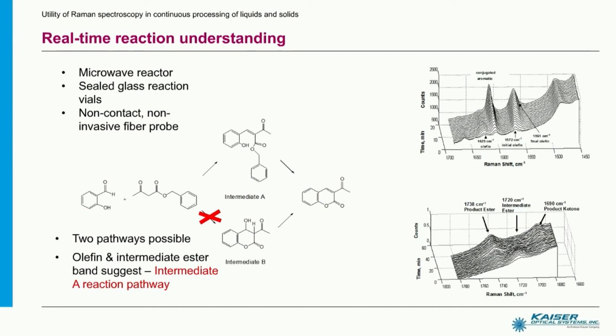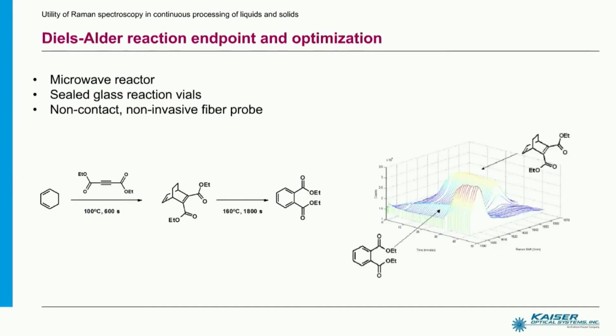This is another example of the Diels-Alder reaction for endpoint determination and reaction optimization. Again, this is a microwave reactor with sealed glass reaction vials, and we're using a stacked non-invasive fiber optic probe.